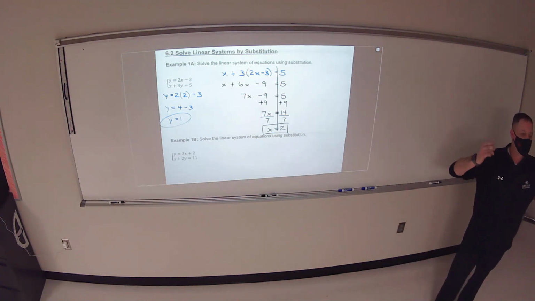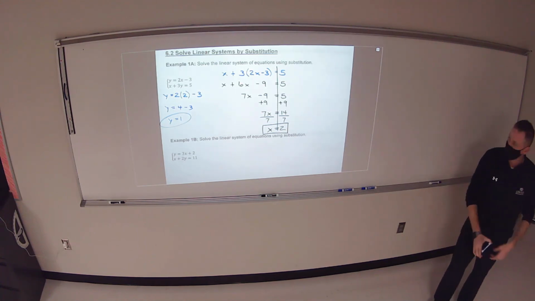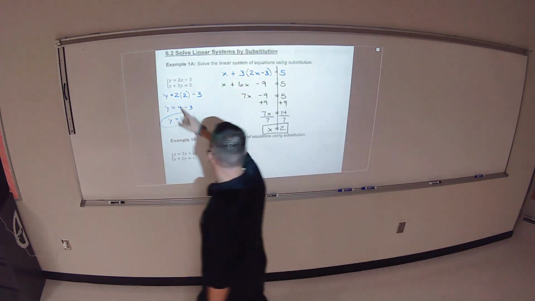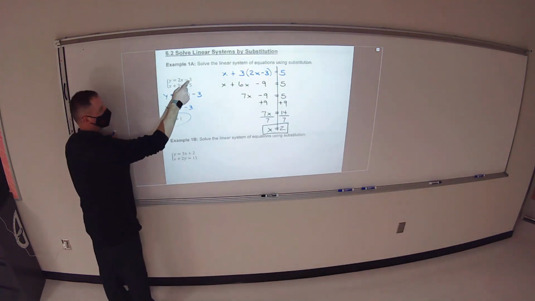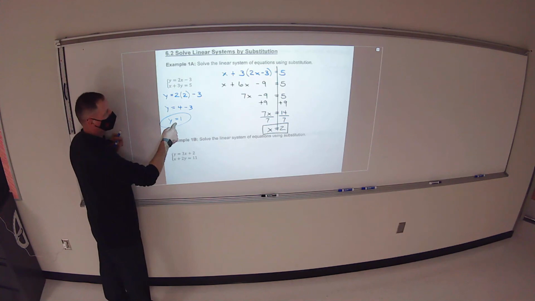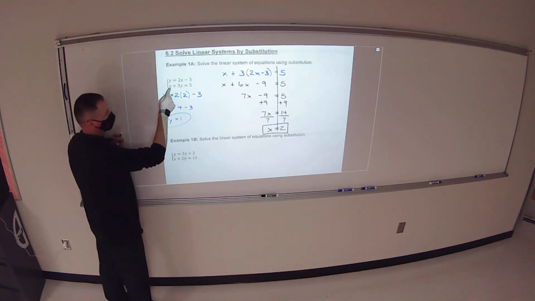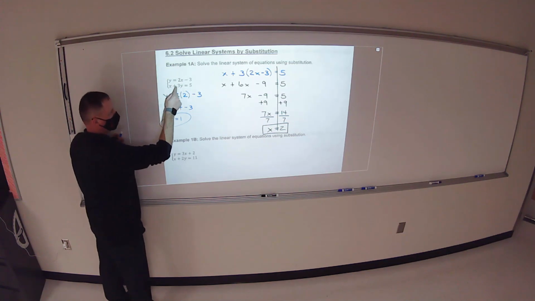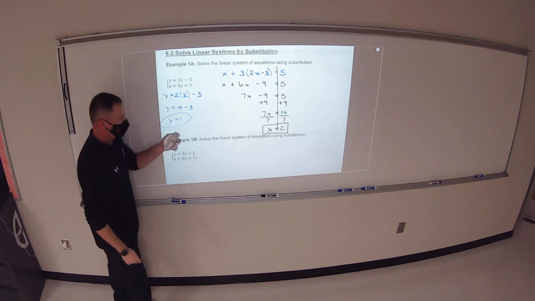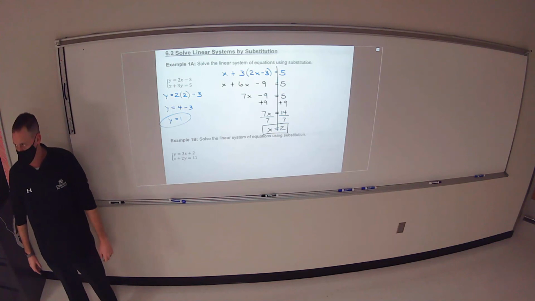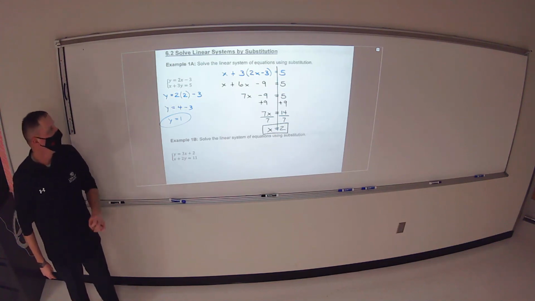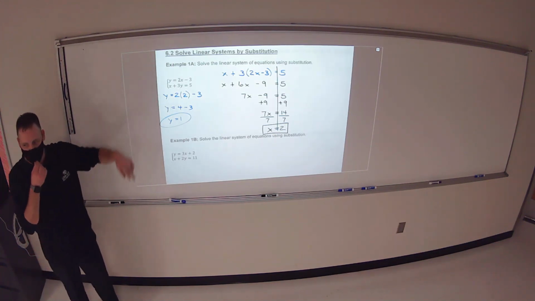And what should we always do, ladies and gentlemen, if those are my answers? Check them. So, 2 times 2 is 4. 4 minus 3 is 1. 2 plus 3 times 1, which is 3, and 2 plus 3 is 5. There's the solution to my system of equations. It is the x and the y value that make both equations true at the same time.